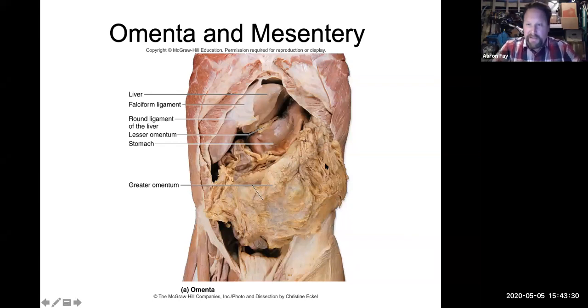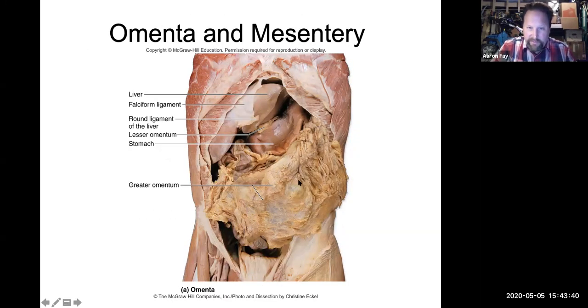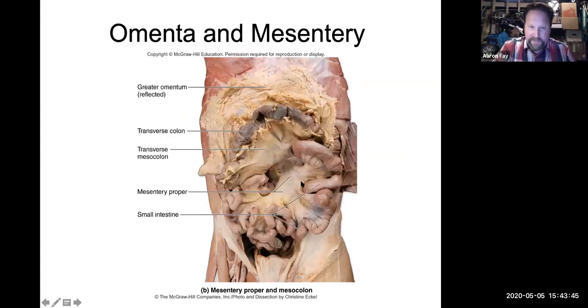If you were to take this structure hanging off the stomach and flip it up, this is what you would see. So this is the greater omentum hanging off the stomach. This is the anterior surface. You lift this up to see what's underneath. Here is your large intestine, that's the transverse colon.